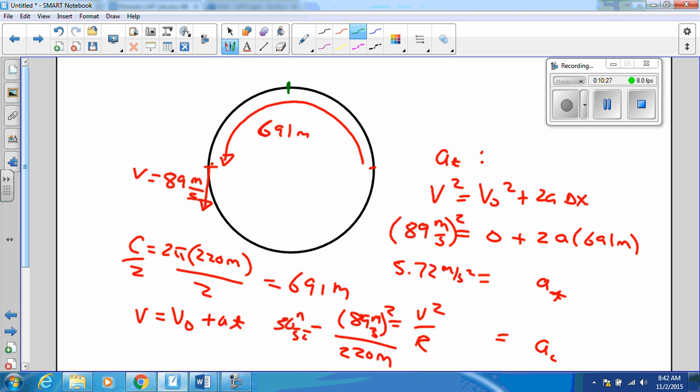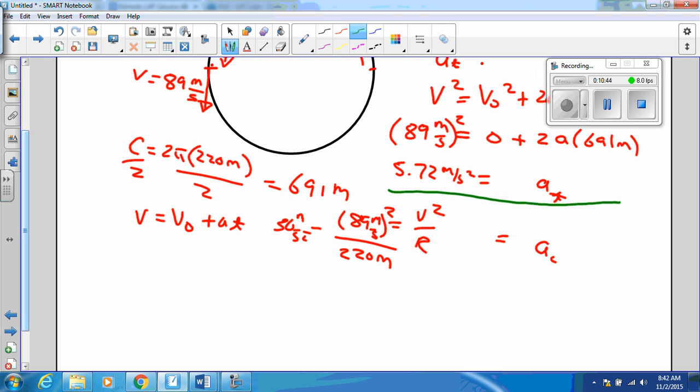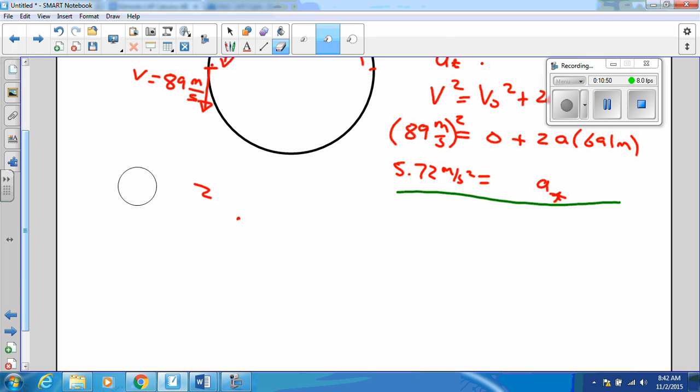Yep, so what changes here? The bottom. This is all good? That whole thing is all good. So I use the same equation to find the velocity, but I just plugged in the tangential acceleration. Gotcha. That's what she's saying.